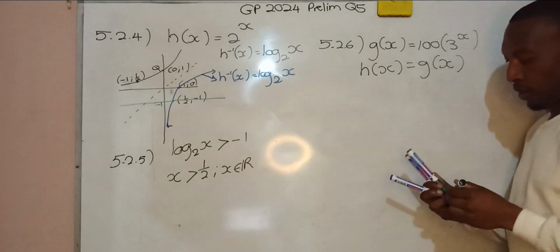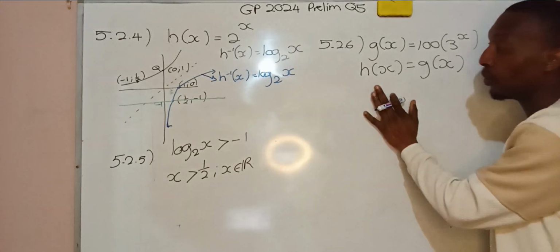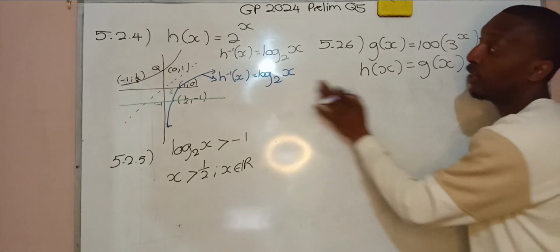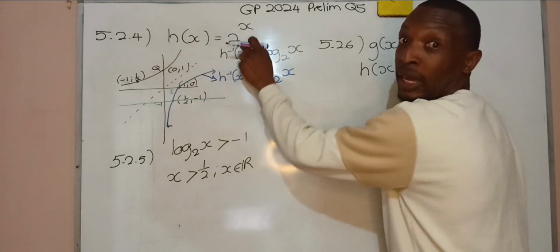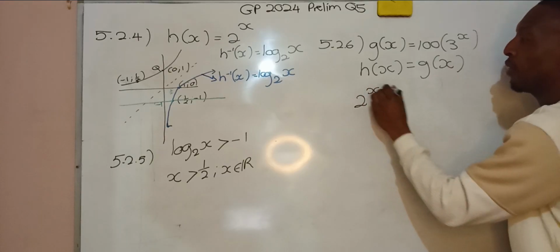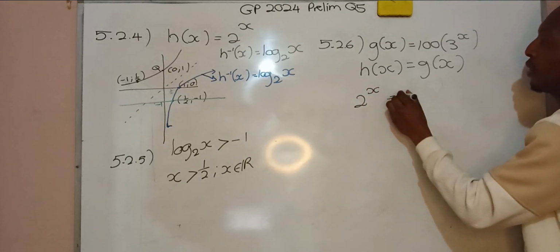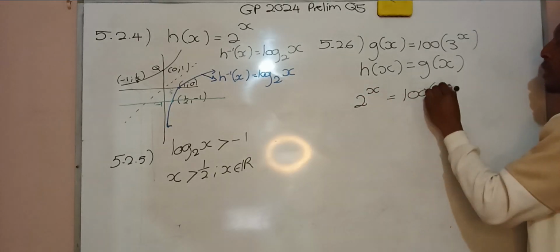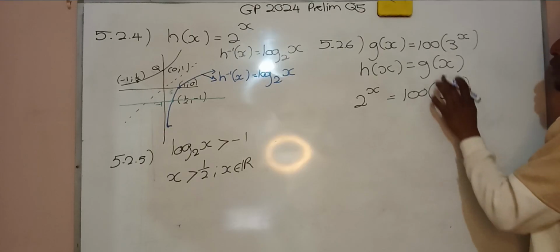Very simple. We know our h of x is 2 to the x, remember? So they want to know for what values of x is 2 to the x equal to 100 times 3 to the x. Where am I getting this from?